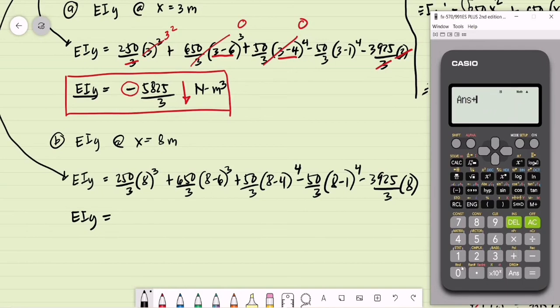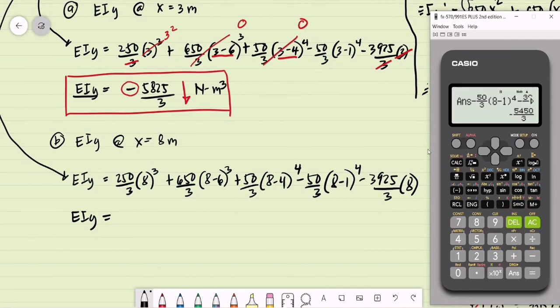And then plus the 50 over 3 multiplied by 8 minus 4, raised to 4, then minus the 50 over 3 multiplied by 8 minus 1 raised to 4, and then minus 3,925 over 3 multiplied by 8.